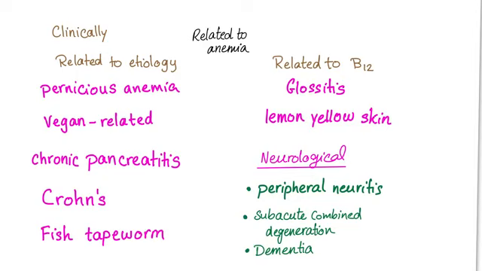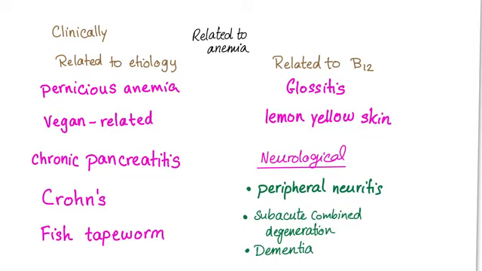We have some clinical signs and symptoms related to the etiology, related to anemia, or related to vitamin B12. Related to the etiology, I've mentioned them before: vegan-related, pernicious anemia, chronic pancreatitis, Crohn's disease, fish tapeworm, ileal resection, etc. Related to anemia, same symptoms: tired and pale.